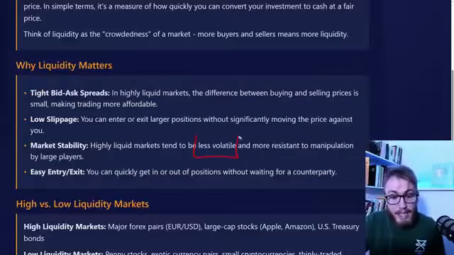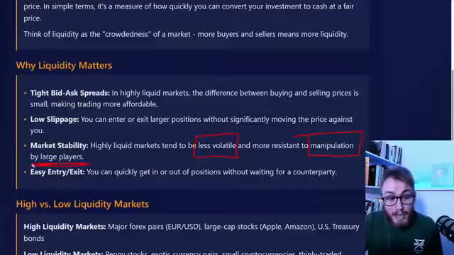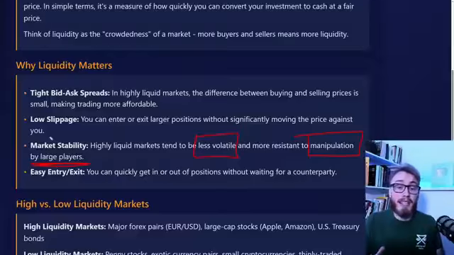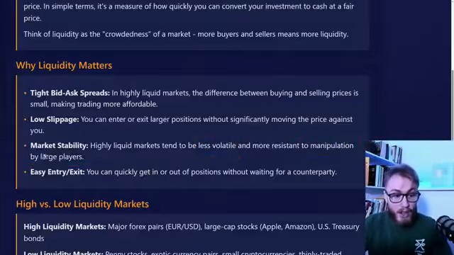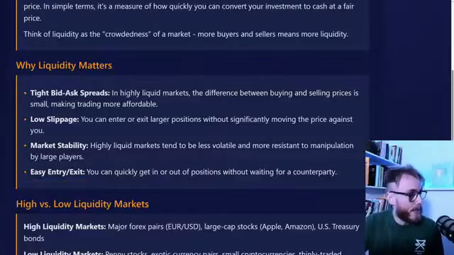But they tend to be less volatile and more resistant to manipulation by large players, or in other words, smart money. I do have many videos on smart money trading as well, so I highly recommend to check out these courses after this video. Last but not least, it's easy to enter and exit liquid markets.